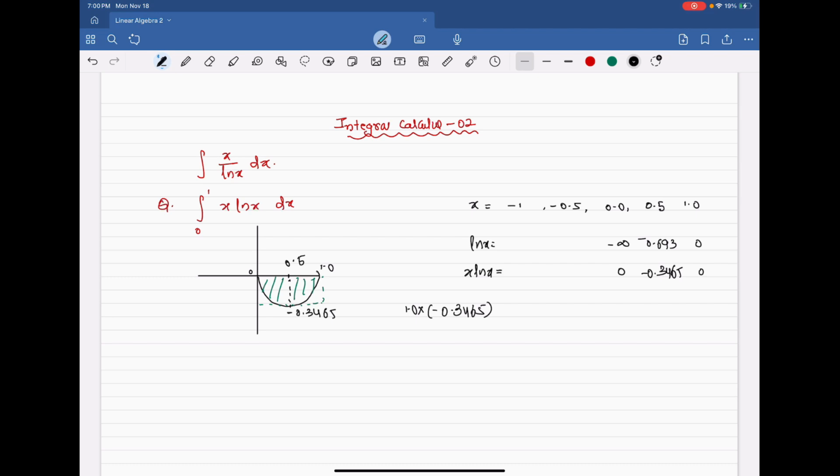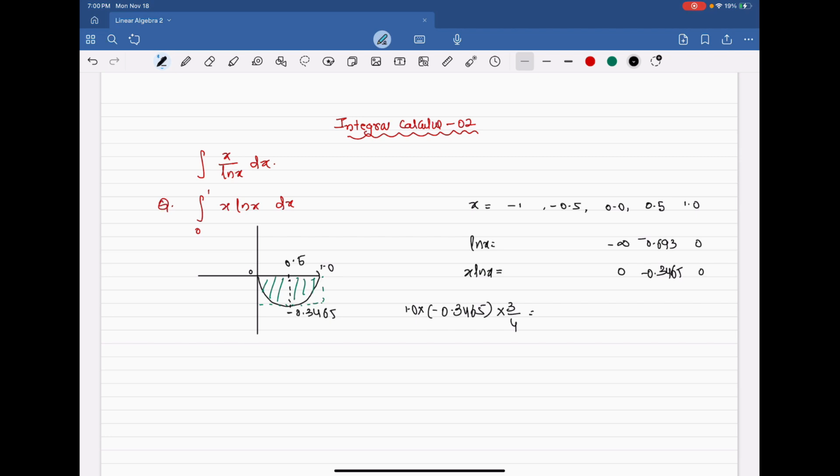What will be its approximate value? If it is curved like this, like a parabola, what will be its value? Its value will be approximately 3/4 of the rectangle, that green shaded area.